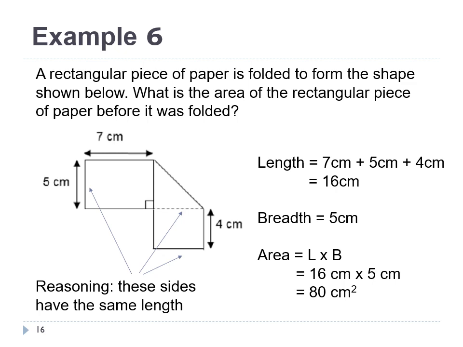So the total length is actually 7 cm plus 5 cm plus 4 cm equals 16, while the breadth remains 5 centimeter. So what is the area of the rectangular piece of paper? It will be length times breadth. 16 times 5 equals 80 square centimeter.